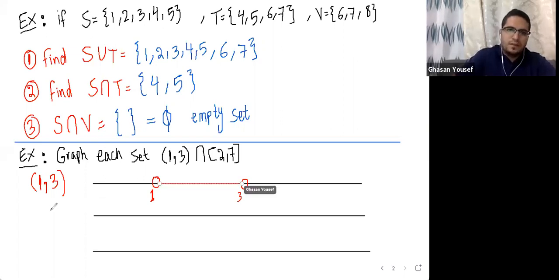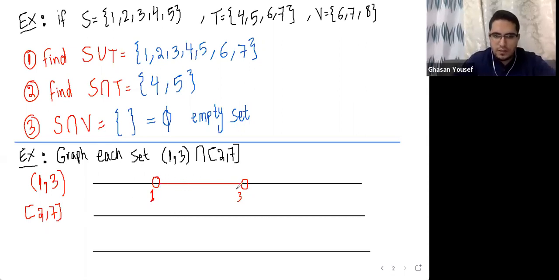Okay, the second one is the closed interval 2 to 7. The 2 is between 1 and 3, right? So it's going to be here, and it's closed. Again, the 2 is between 1 and 3, so you go down, it will be here.